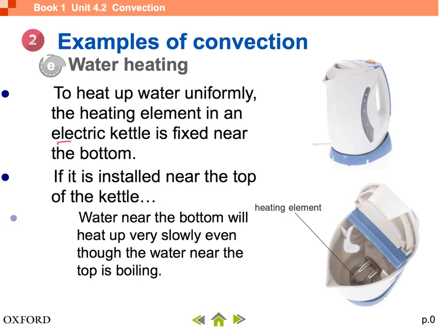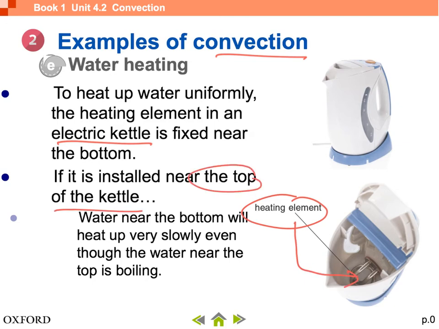The design of the electric kettle also considers convection. A heating element is always installed at the bottom, not near the top of the kettle. The reason is we want to form a more effective convection current that can heat up the water at a faster rate.